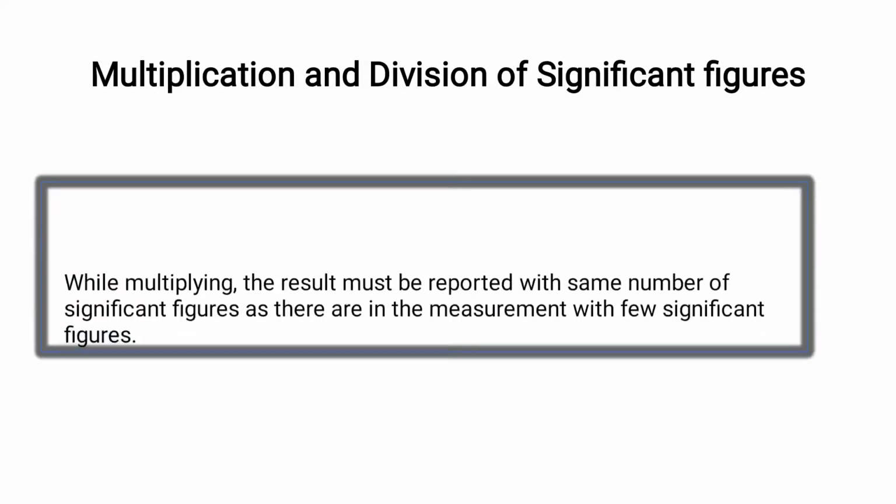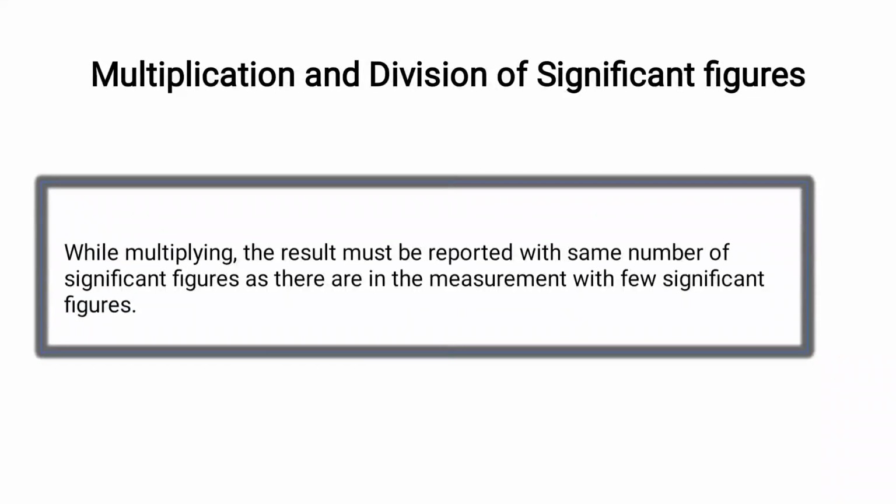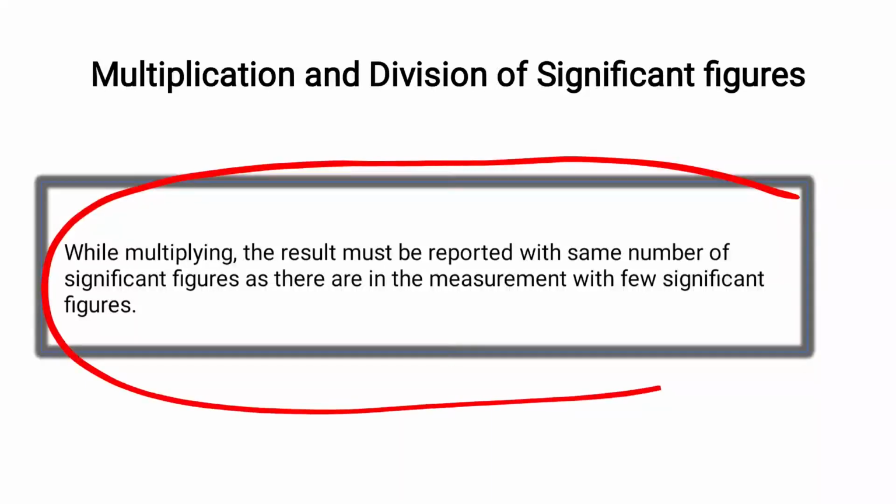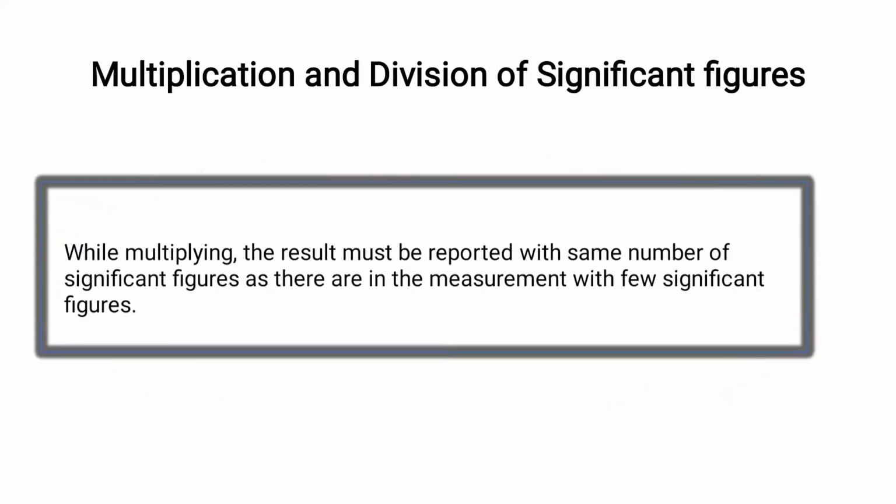So over here, while multiplying the numbers or while dividing the numbers, the result must be reported with the same number of significant figures as there are in the measurement with fewer significant figures. So let us understand what is being given in this box by taking an example.